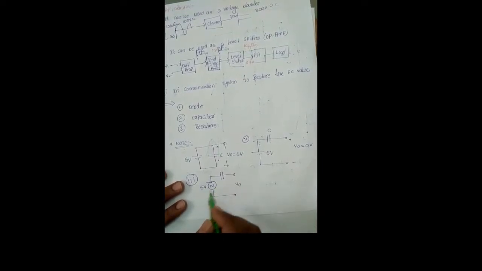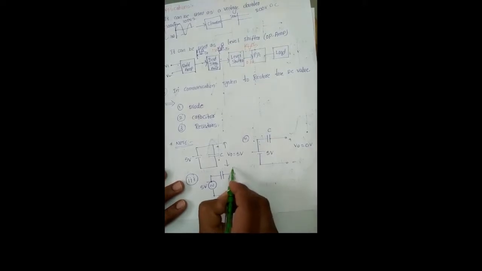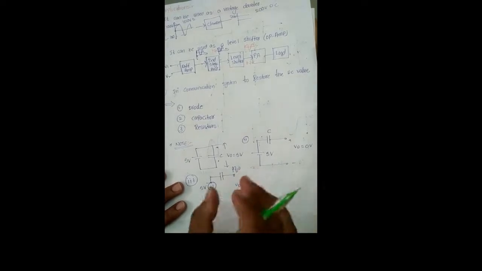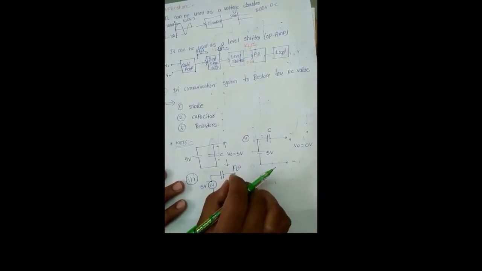The capacitor allows the AC voltages, and it blocks the DC voltages. Therefore, here we get the AC output signal. So to understand the clamper circuits, we definitely require some knowledge about these capacitors. Okay, thank you.